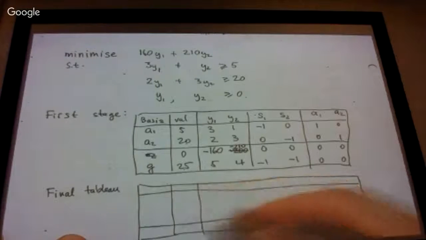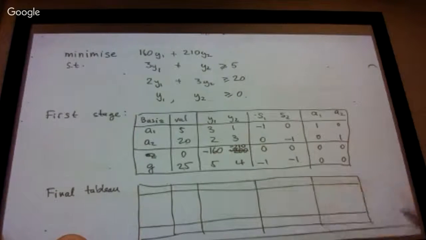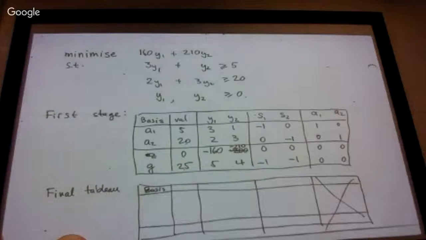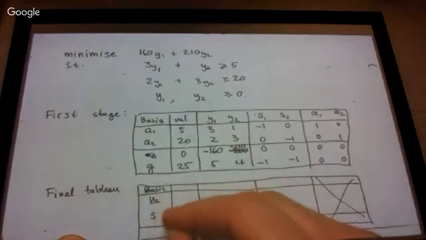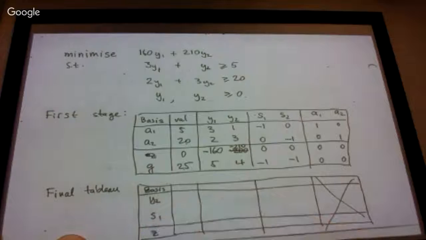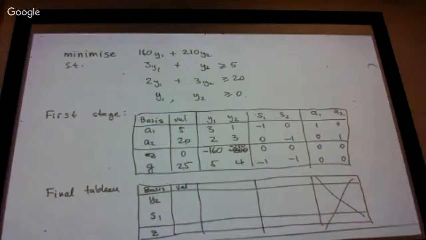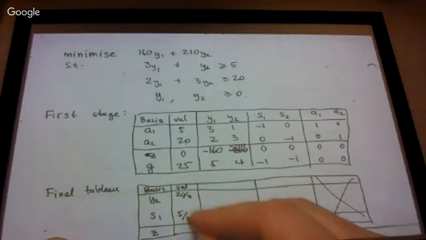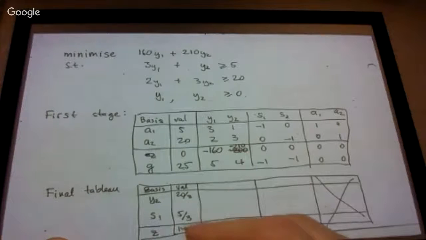It turns out that the optimal basis is Y2, S1, Z. The values are 20/3, 5/3, and 1400.